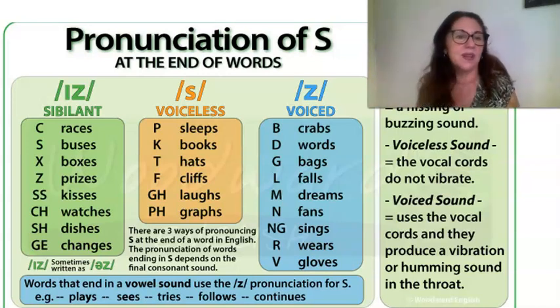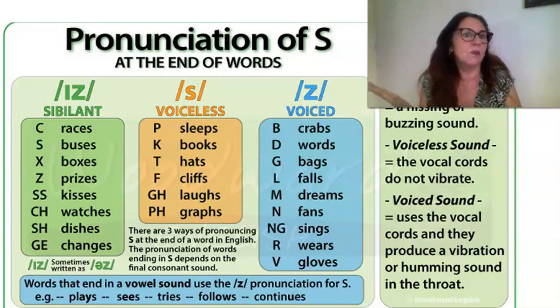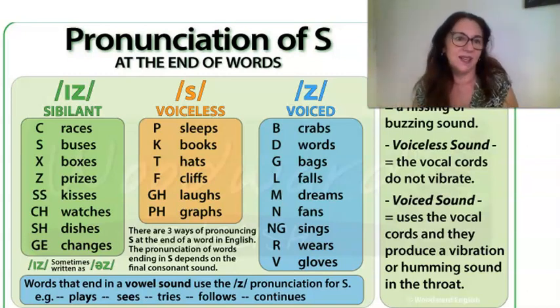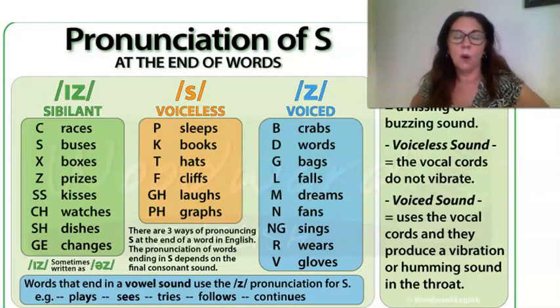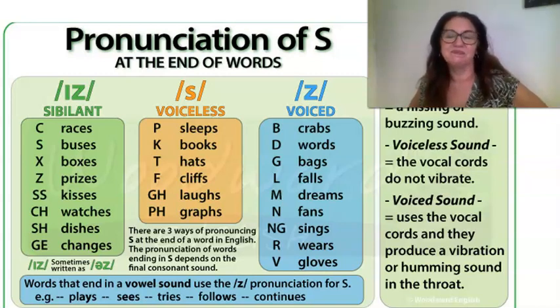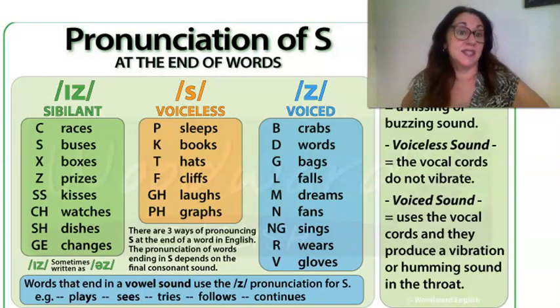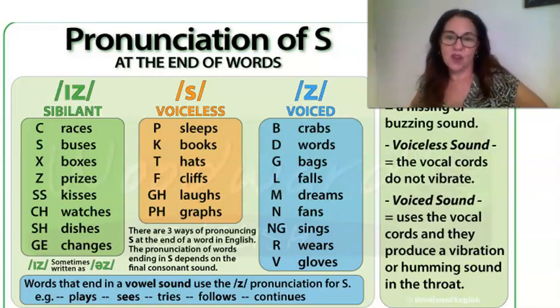You don't know if the person has a problem or what, but you don't get it that the person is making it plural or making a verb in the third person singular. So in these cases, I will produce iz.